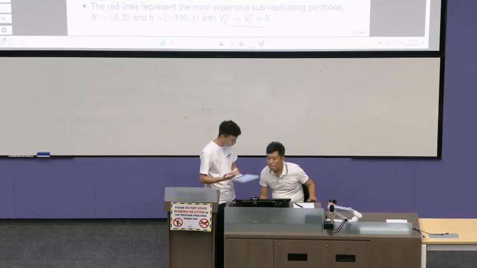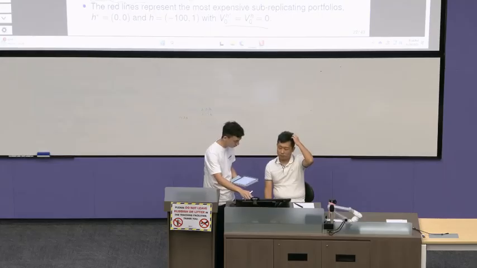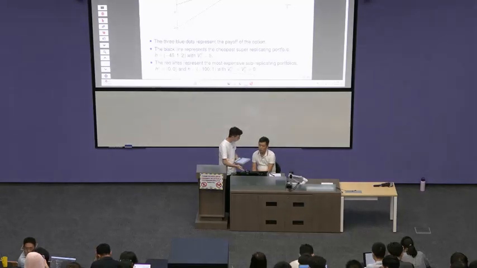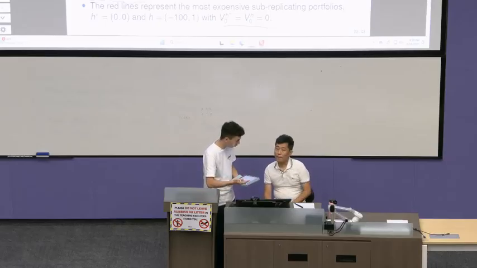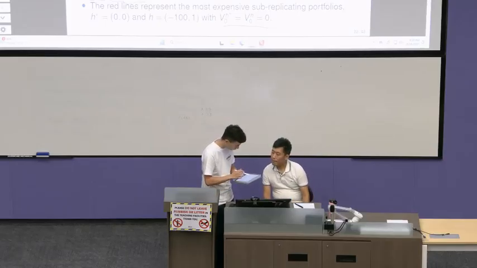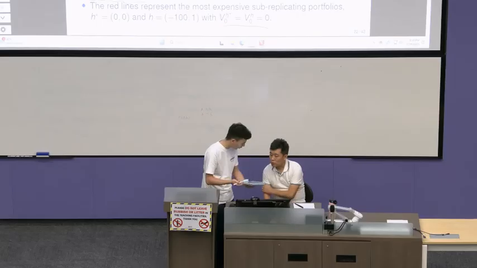For a super replicating portfolio, no matter what the value of this one is, it should always have a greater payoff than our portfolio. For example, if I draw this one, it's also super replicating, and at all the values 90, 100, 110, it has greater payoff, so it's more expensive than the black one.